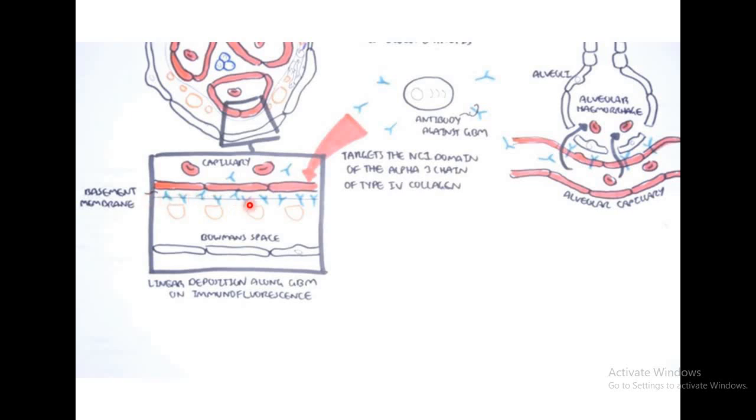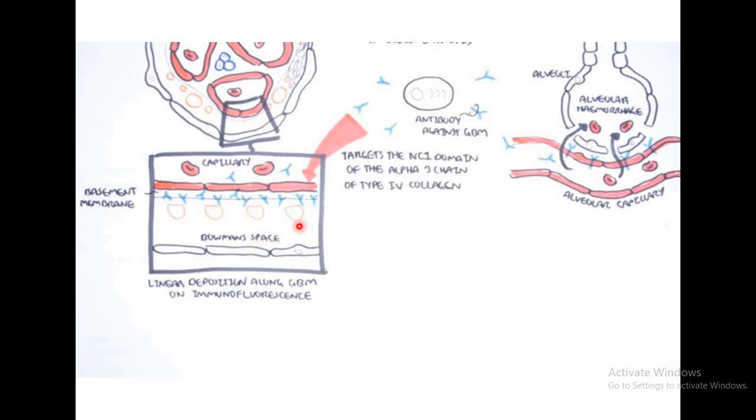Once this binding occurs, there will be recruitment of pro-inflammatory cells and lymphocytes, and release of pro-inflammatory chemokines, cytokines and proteolytic enzymes. There will be endothelial cell detachment, fibrin deposition, and finally a break in the glomerular basement membrane, with leakage of plasma proteins and cells into the Bowman space, and this leads to crescent formation. That is the classic feature of rapidly progressive glomerulonephritis.